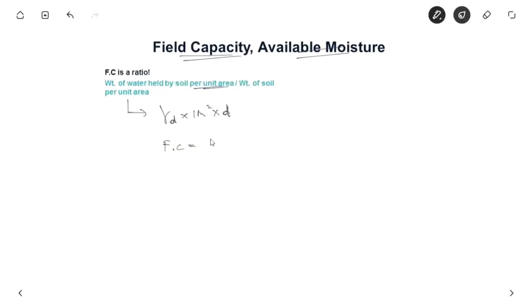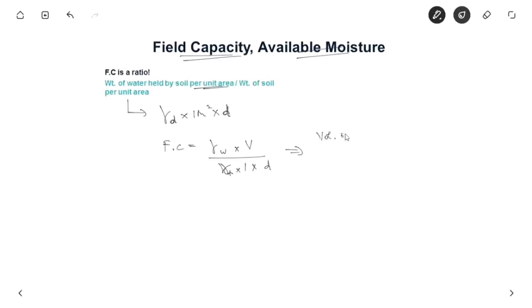So for field capacity, we have the weight of water, gamma_w into V, the volume of the water, divided by the weight of soil per unit area, gamma_d into 1 into D, and this is the FC, field capacity.